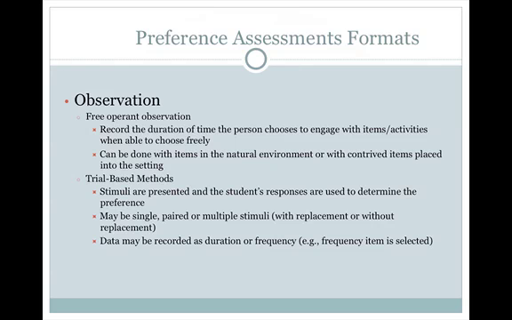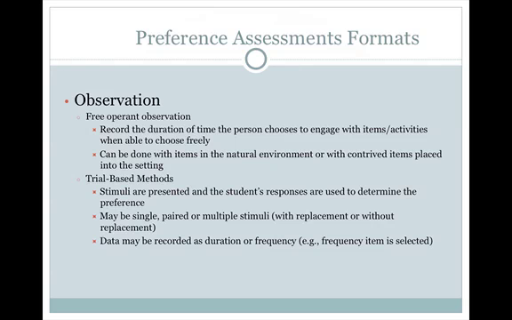Or we might look at comparison. So we might have an array of stimuli, say 7 different things, and we might have the individual select the thing they want most. And when they've played with that, we might then present the remaining 6. And when they're done with that, we might then present the remaining 5. In that way, we can get a hierarchy of stimuli.